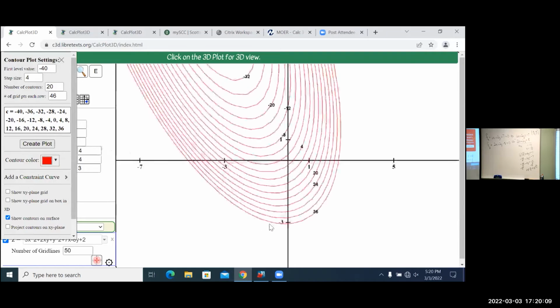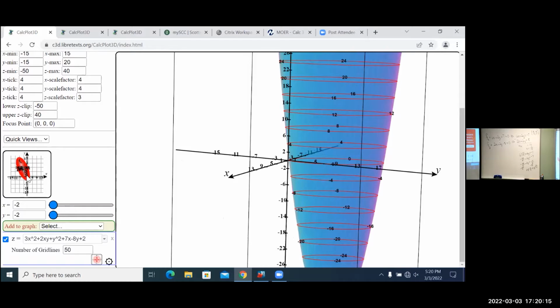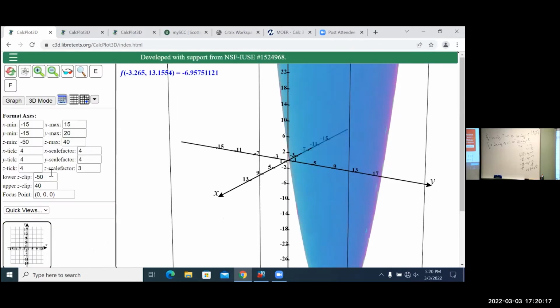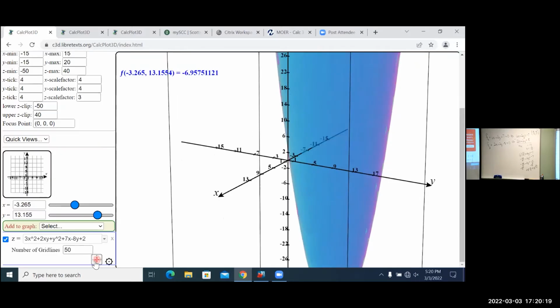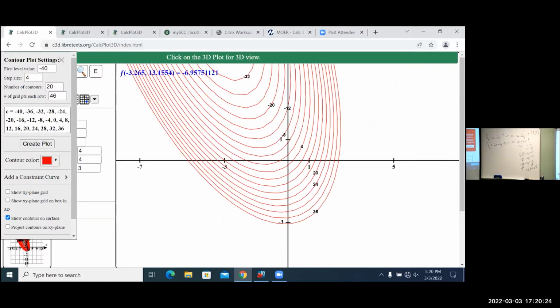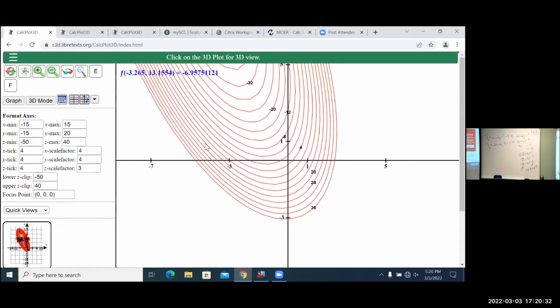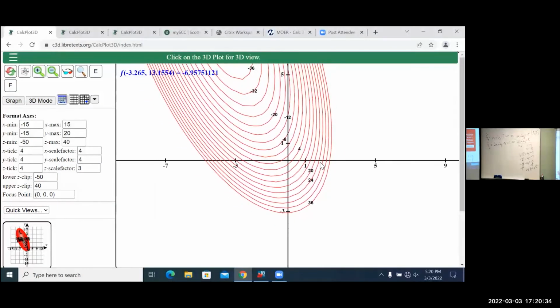All right, here's our contour plot. I did not do what I wanted to do. Let's try that again. Okay, there we go. Give me a sec to zoom out.